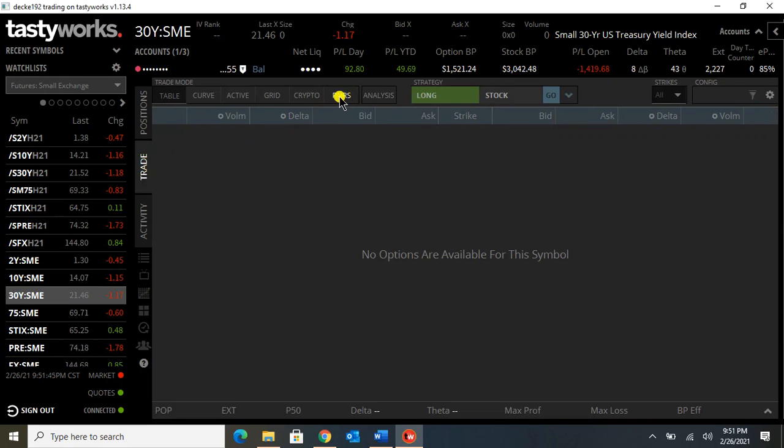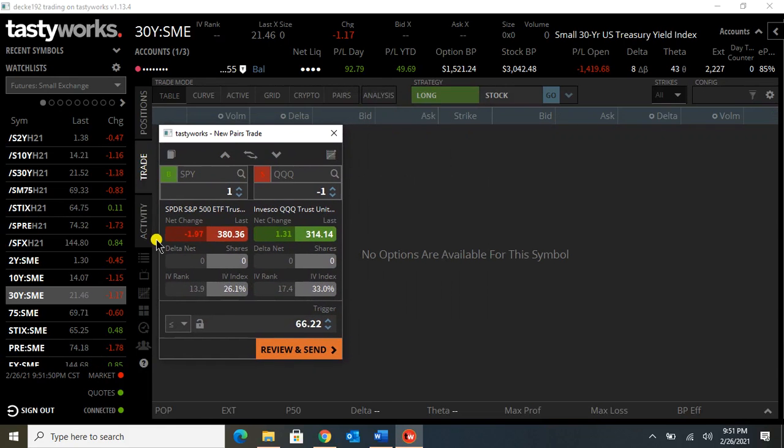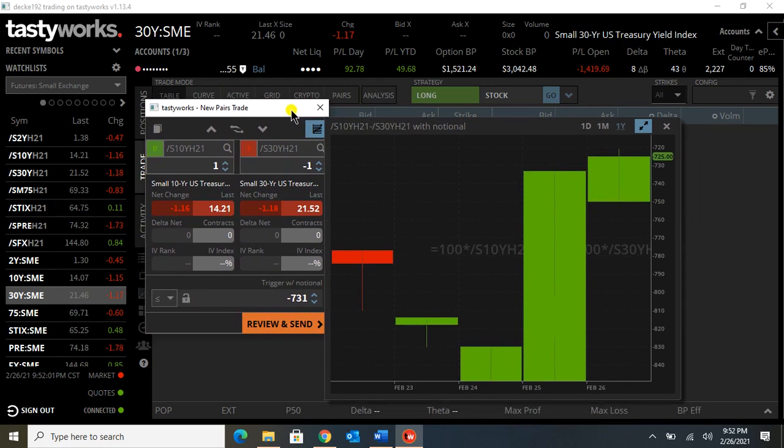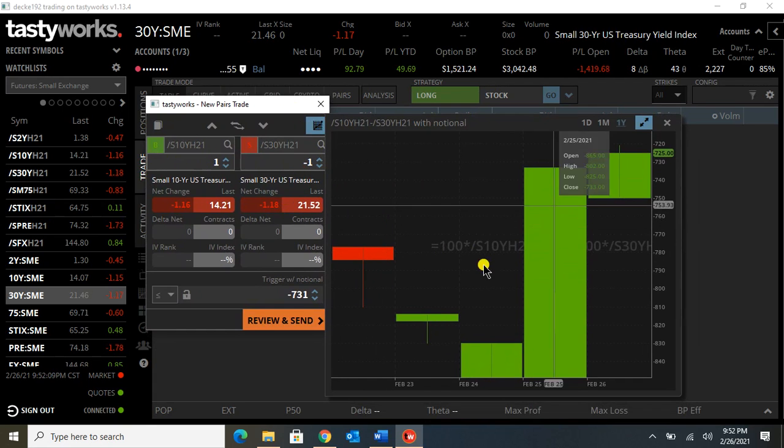Alright, so in tastyworks, I'm going to go to the trade tab here. I'm going to go up to pairs, and here is where I'm going to put in the /S10Y and the /S30Y. If I pop this out here, if I were to buy the S10Y and sell the S30Y, this is the chart.